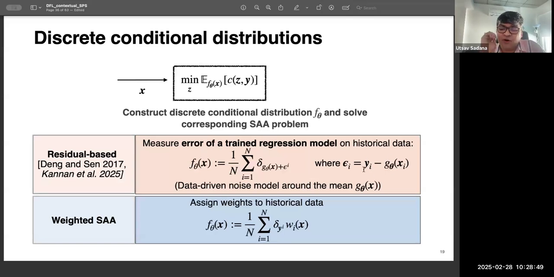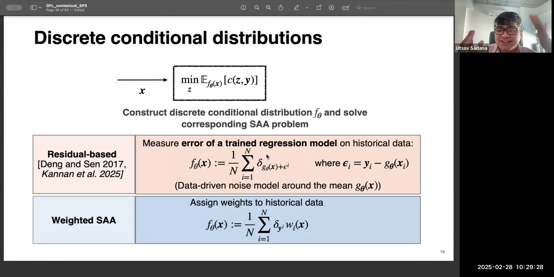Now, instead of making point predictions only with your mean, you construct the whole distribution by putting a uniform support on these errors and translating all these errors by g theta of x. This is how they construct a data-driven noise model around the trend or the mean, and they use this f theta x in their conditional stochastic optimization problem to make decisions for every x that arrives over time, right?